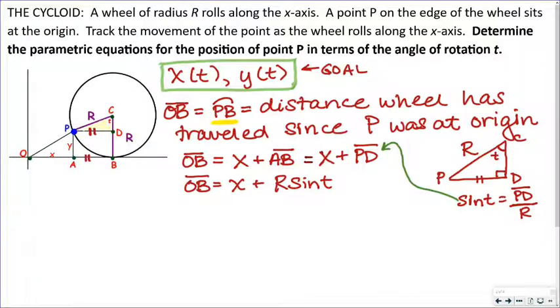So what do I know about length PB? PB is an arc length.